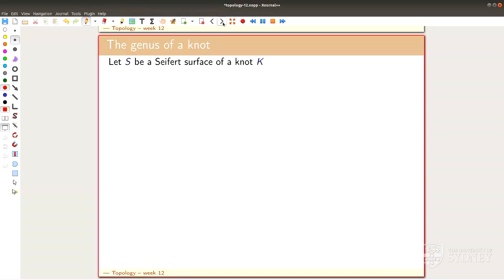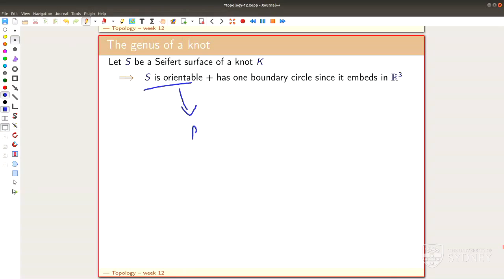Okay, so we have a Seifert surface associated to a knot, and it's orientable, so P is 0 in our classification, and it has one boundary cycle, so D is 1.